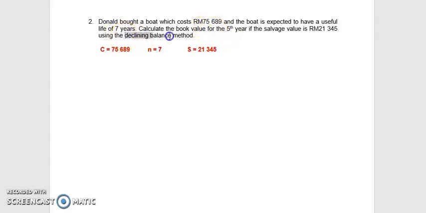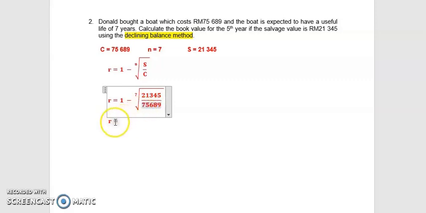Okay, now using declining balance method. So remember, in declining balance method, first thing we need to have the annual rate of depreciation. Okay, then we can calculate the book value. Okay, now let's calculate the rate of depreciation. So R equal to 1 minus the nth root of scrap value 21,345 divided by cost 75,689.